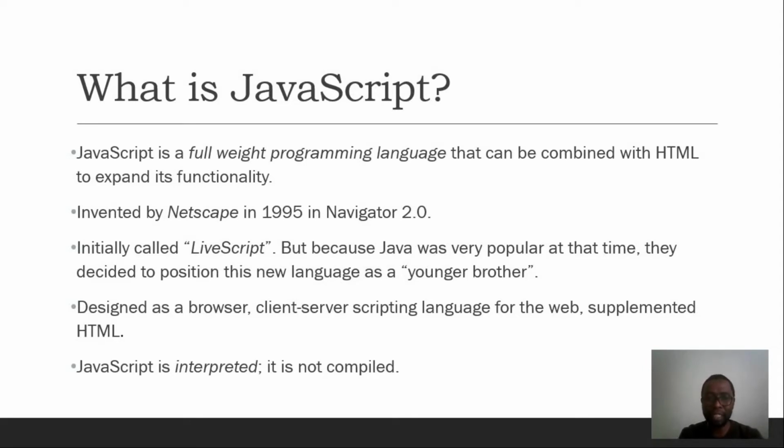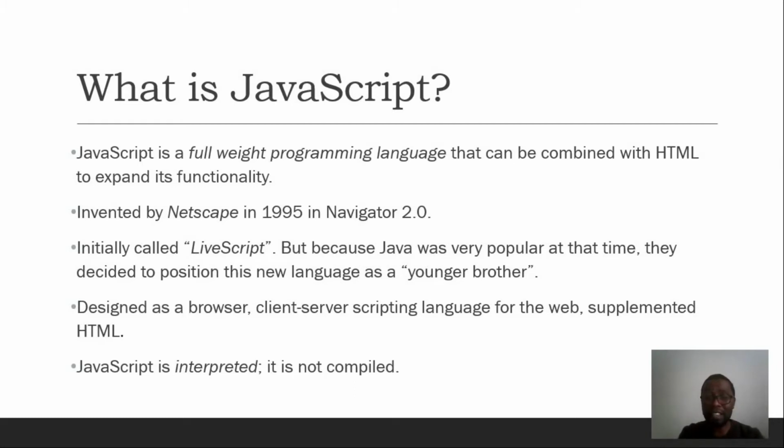It was invented by Netscape in 1995, and initially it was called LiveScript. But during that same time, the Java programming language was very popular, so they decided to position it, quote unquote, as the younger brother to Java, and it was called JavaScript.